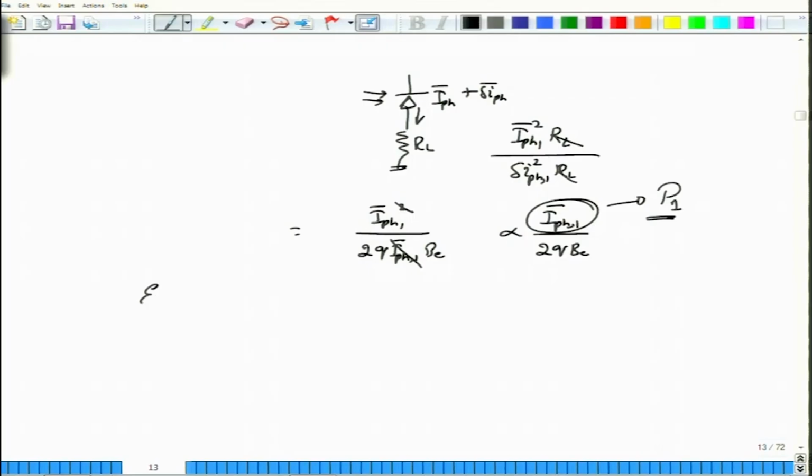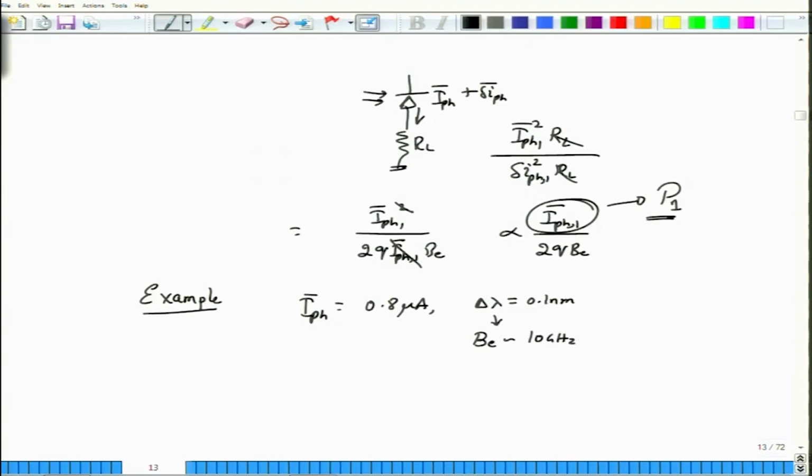I will give you a numerical example. I will leave the calculations to you. Suppose the average photocurrent turns out to be some 0.8 microampere, and a bandwidth delta lambda is about 0.1 nanometer. You can calculate and then show that the bandwidth is approximately 10 gigahertz.